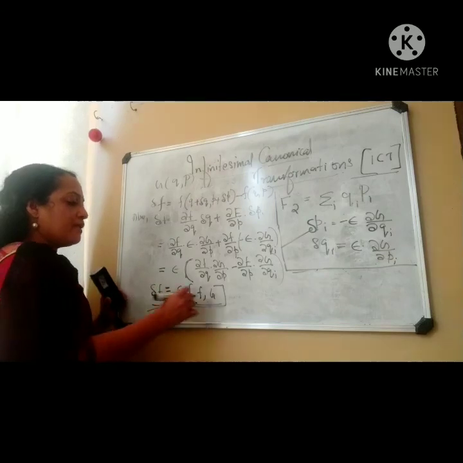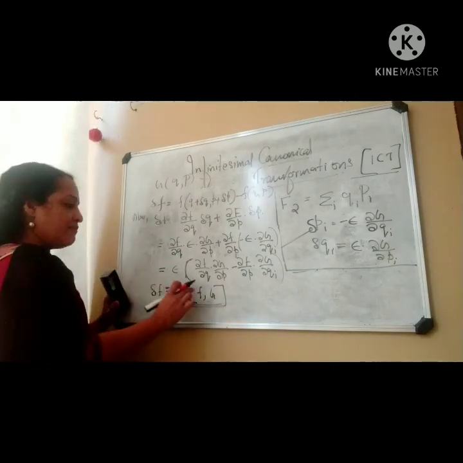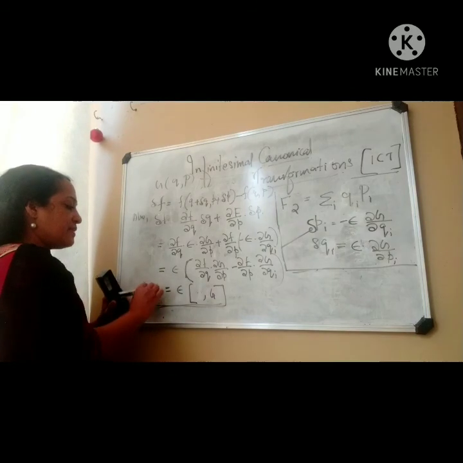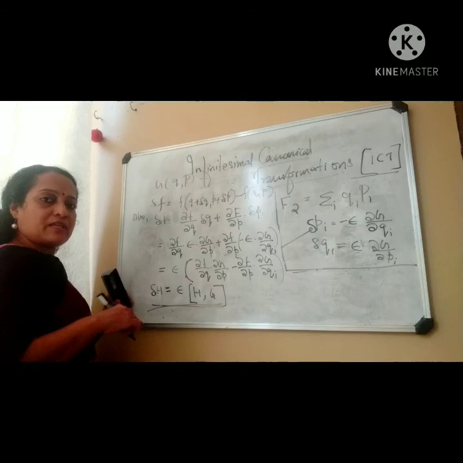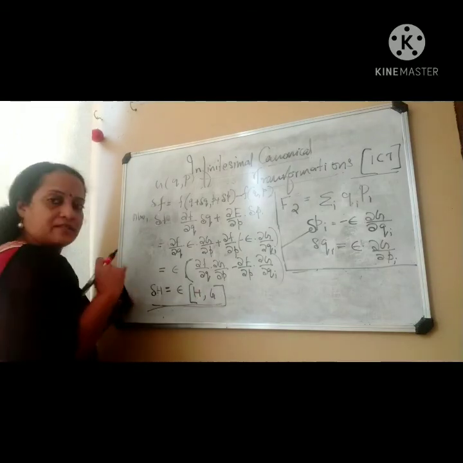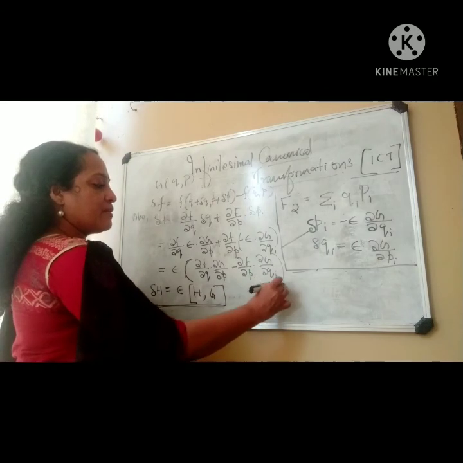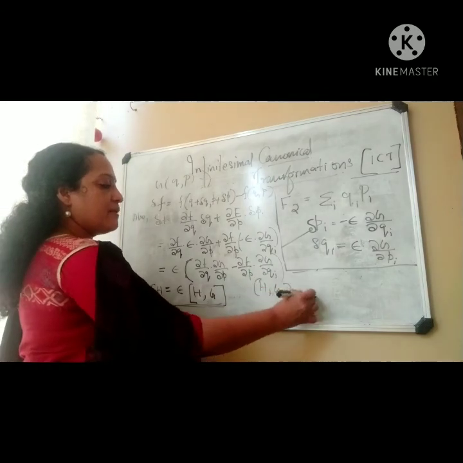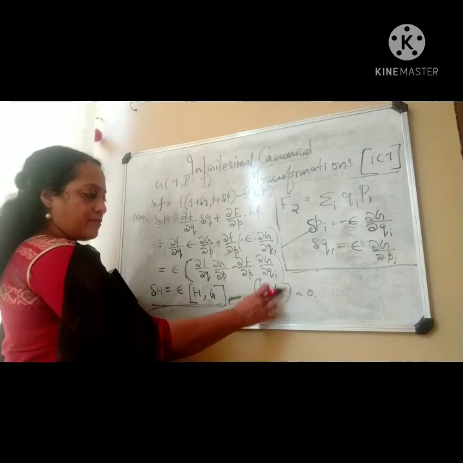If we replace f with h, then we get delta h equal to epsilon into the Poisson bracket of h and g. Now if the generator is a constant of motion, we have said that the Poisson bracket of h and g will be equal to 0 if g is a constant of motion.